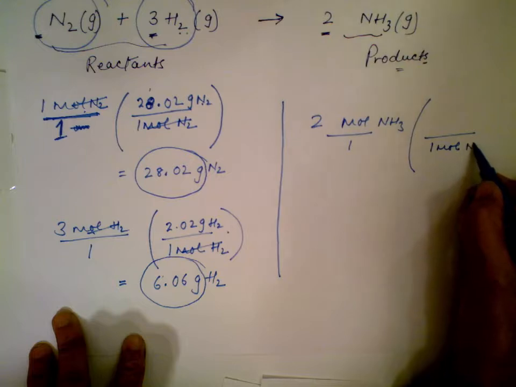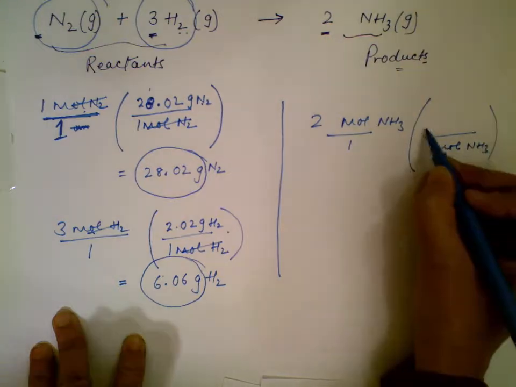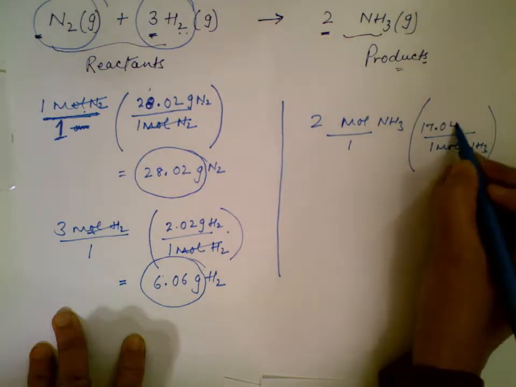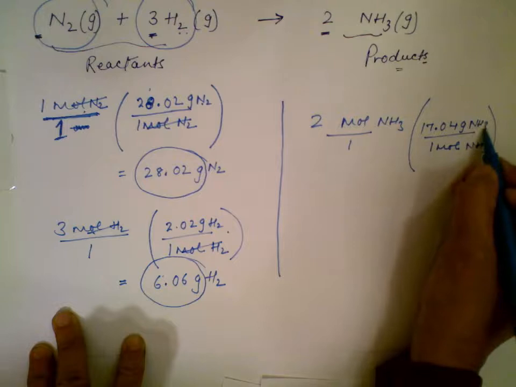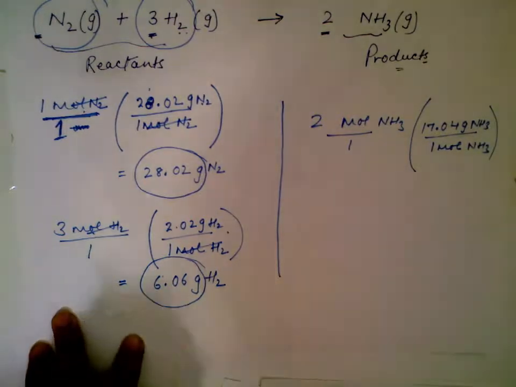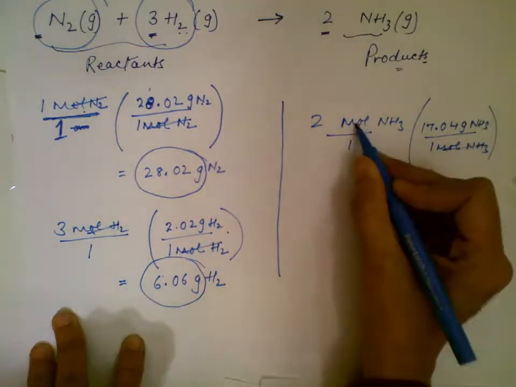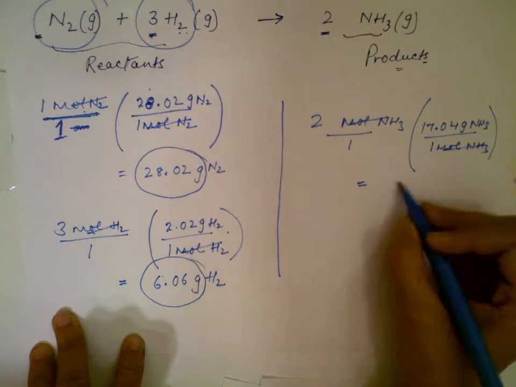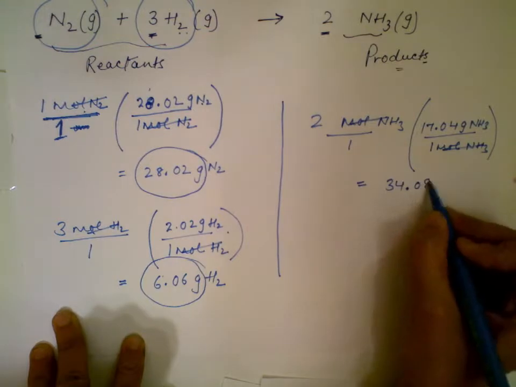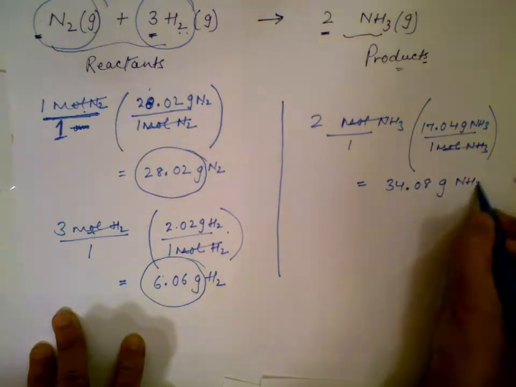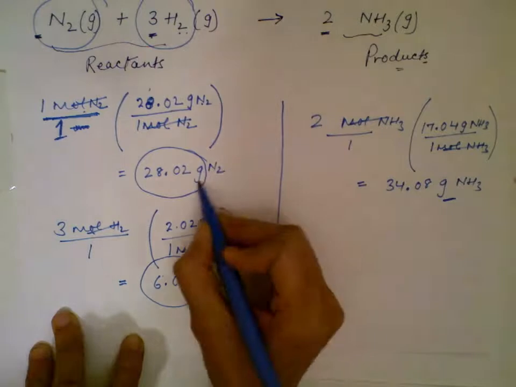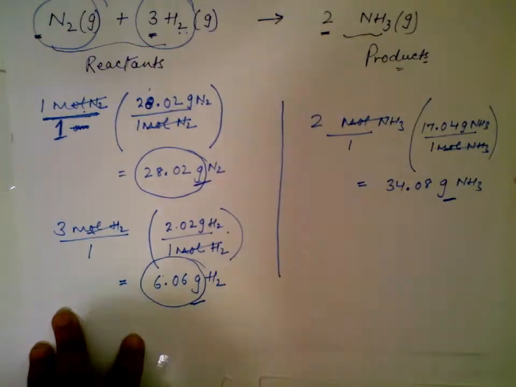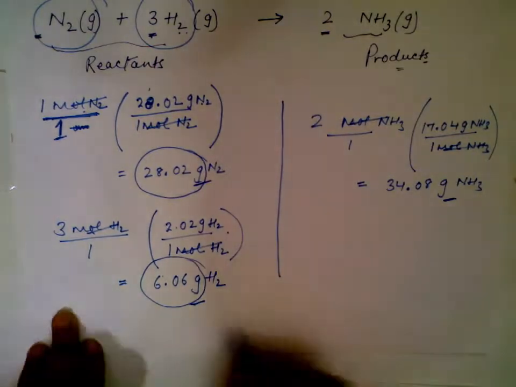So 1 mole of ammonia is 17.04 grams. That is the mass of ammonia. Cancel these units, multiply, you're going to get 34.08 grams. Guys, don't forget to write the units, the grams of ammonia. You see here, I have written the units finally. We always write the units.